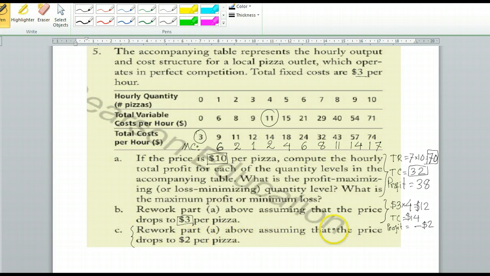Rework part A, assuming the price drops to $2 per pizza. So $2 is probably going to be a little too low for this firm to operate, but let's double check. If price is $2, if this firm operated, then it would operate up to the level where marginal cost is less than or equal to marginal revenue.